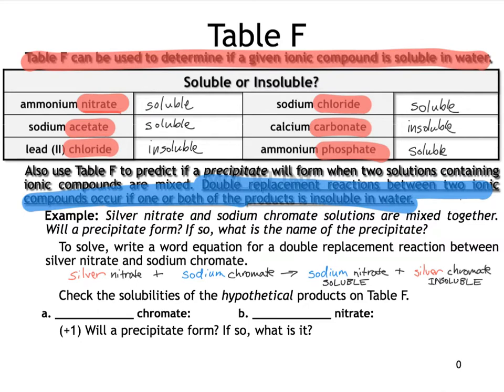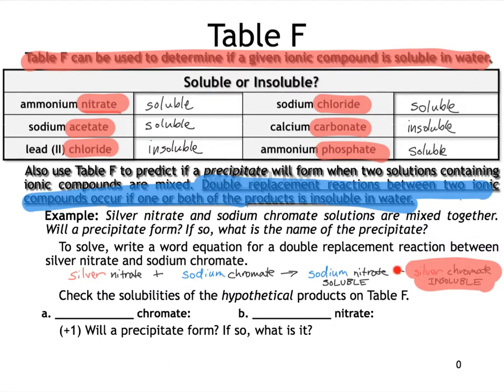And it's this finding that silver chromate is insoluble which is going to influence the answer to the question about whether or not this is just a hypothetical equation or whether it really would occur. Remember that double replacement reactions always produce an insoluble product, or double replacement reactions always produce a precipitate.